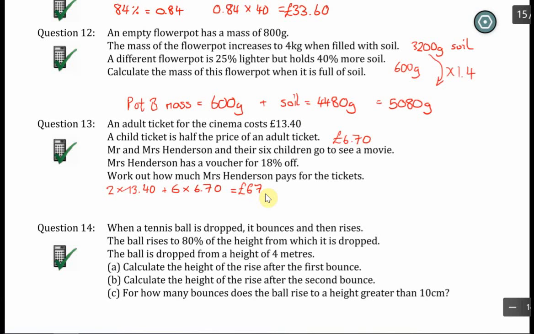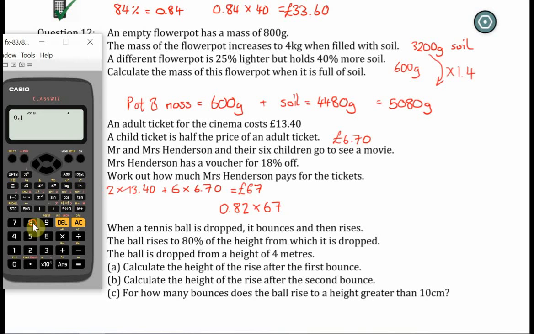Much quicker just to do it to the total. So if I want to decrease it by 18%, that would leave 82%. So I want to times 0.82 by 67, and that will give me the answer. £54.94.